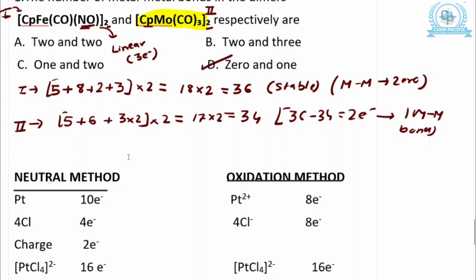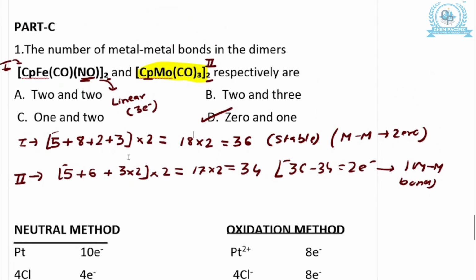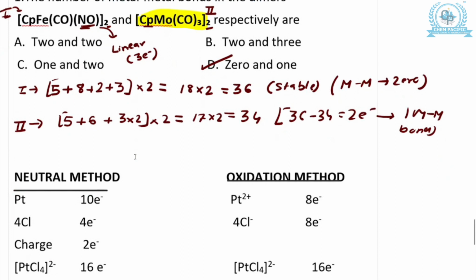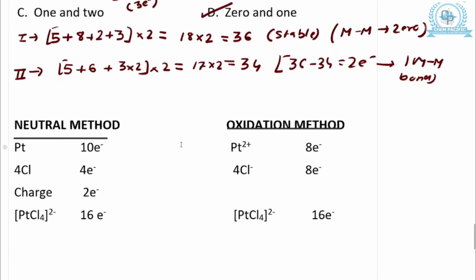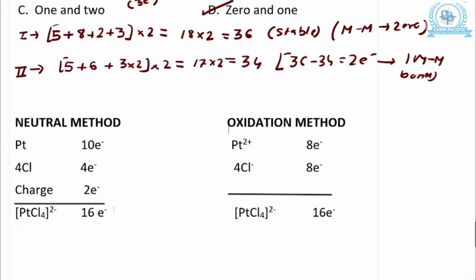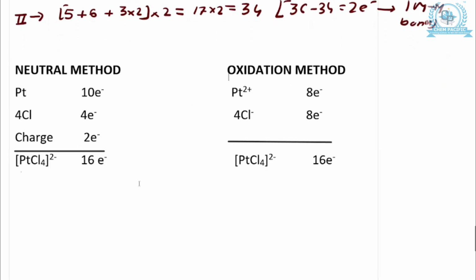Here I have completed all the questions from the topic of the 18 electron rule. The last but not the least, what I would like to discuss with you is the difference between the neutral method and the oxidation method. This is the last portion.